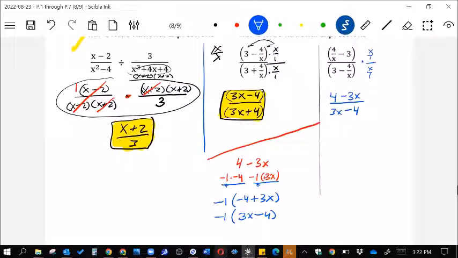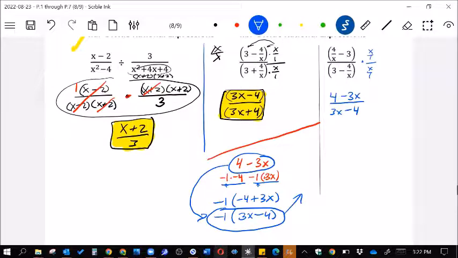Negative 4 plus 3x is the same as 3x minus 4. So what I've just done is I've taken 4 minus 3x and turned it into negative 1 times 3x minus 4. If you do this a few times, you recognize immediately that you can take out a negative and change the signs of the things inside it. Because that's all I did. I just took a negative 1 from both.